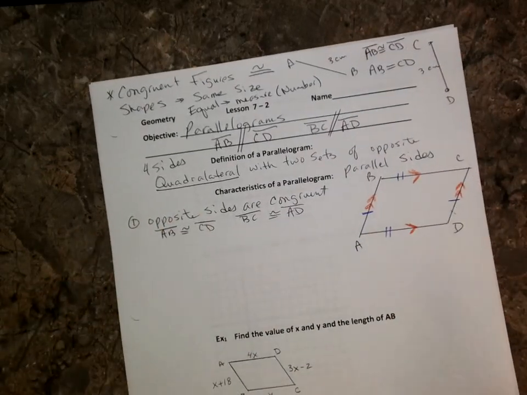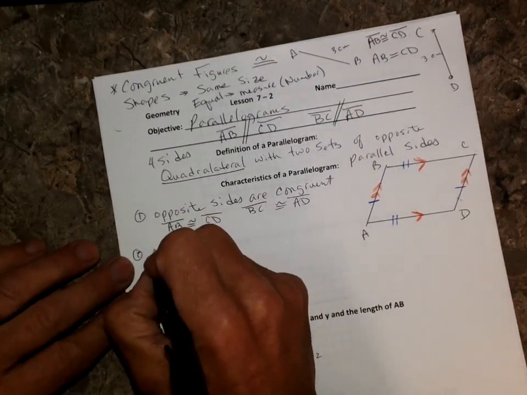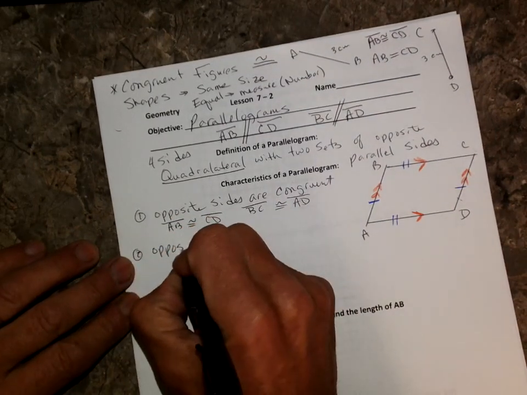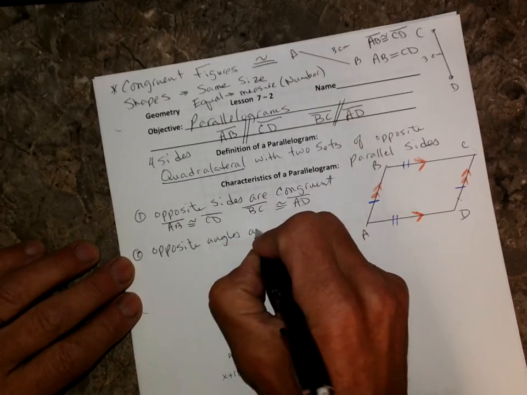Now, two. What else do we know? We know that opposite angles are congruent.